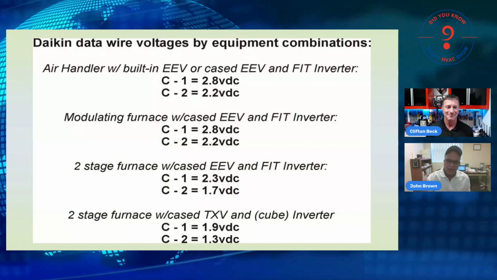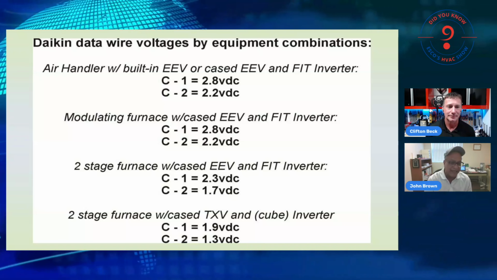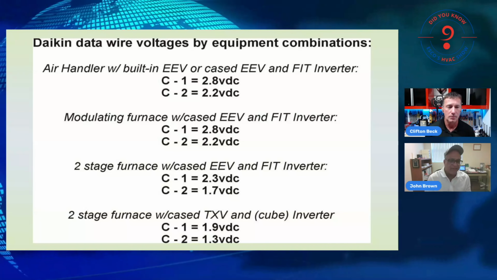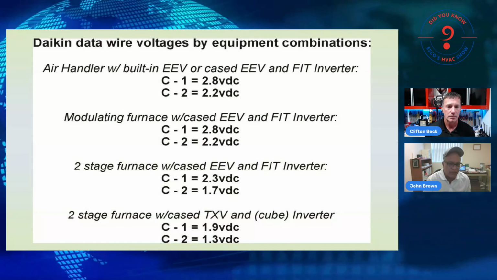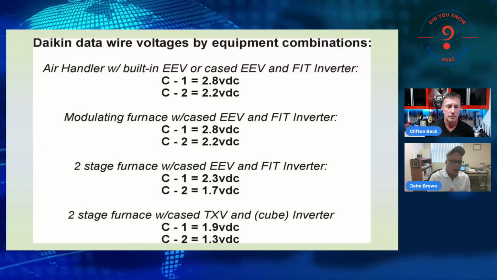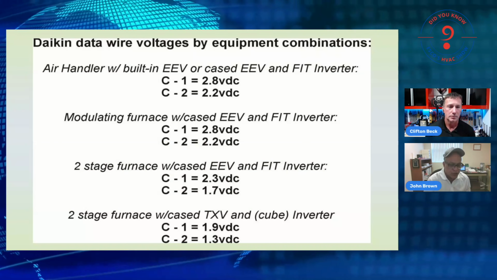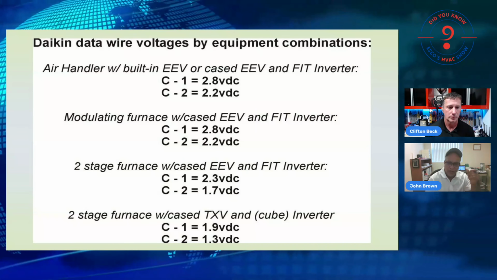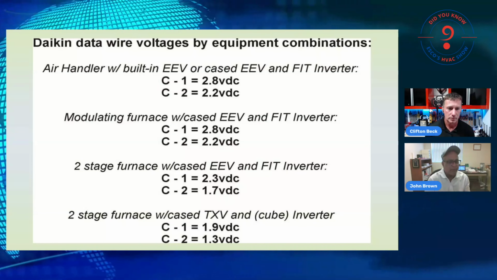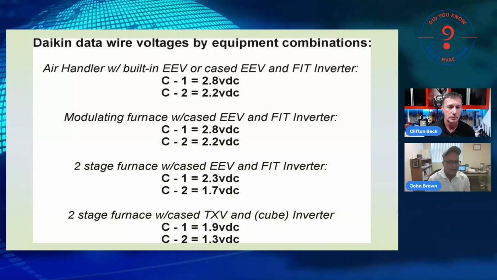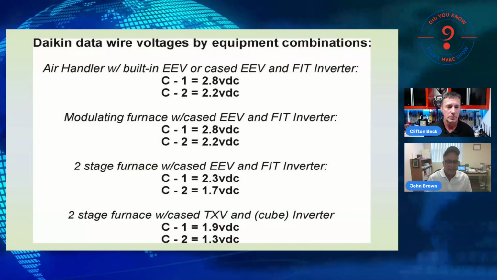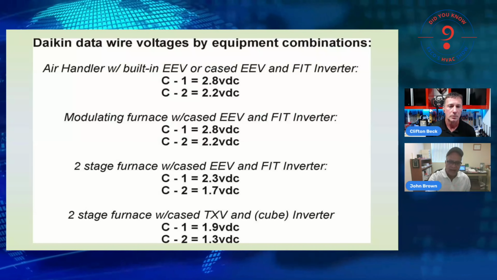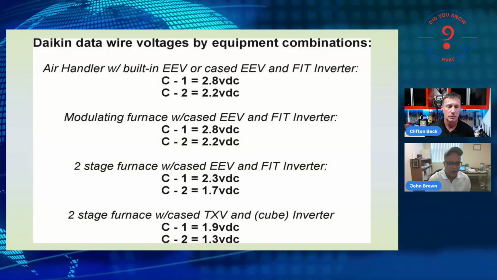An air handler with a built-in EEV coil, or a cased coil, and the FIT inverter: 24 volt common or chassis ground to 1 should read approximately 2.8, and common to 2 should read 2.2. That's a 0.6 bias, or a 0.6 difference, and this is key to a stable network. The modulating furnace with a cased coil and a FIT inverter reads 2.8, 2.2.